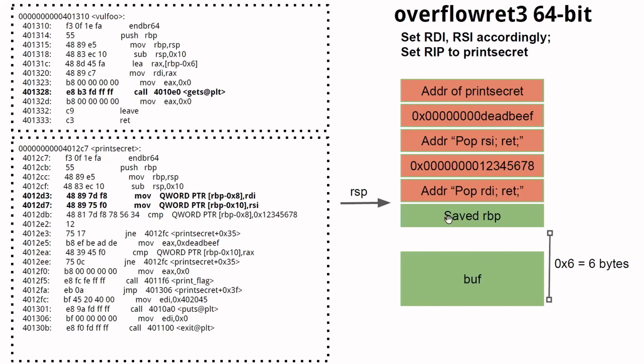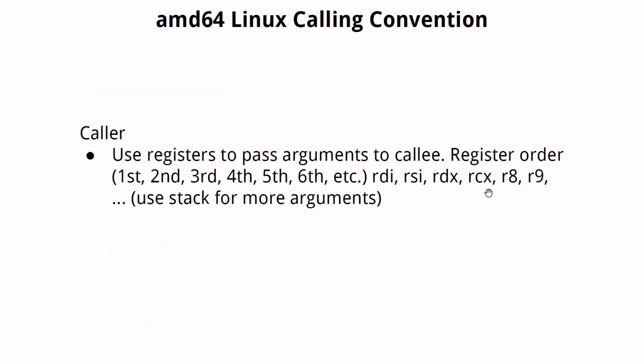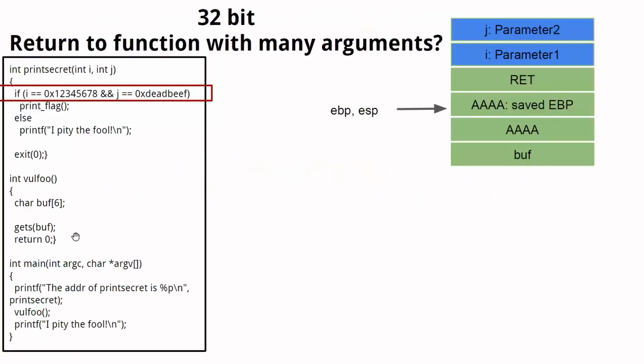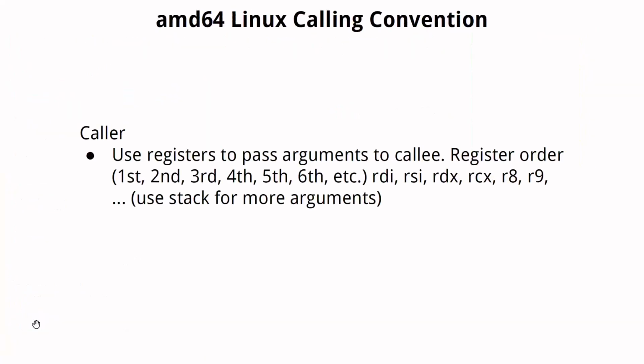Then we have the saved RBP, which is 8 bytes. Then this is supposed to be the return address, right? The return address before overwrite is supposed to be the address of this one, somewhere in the main function.